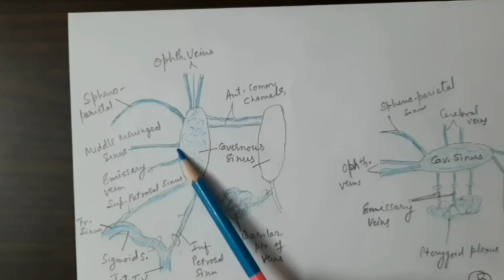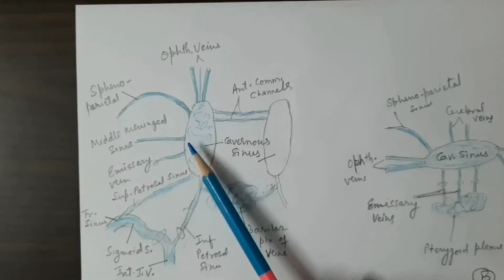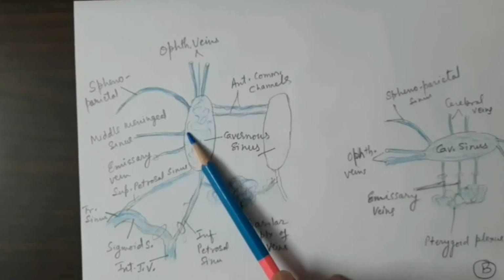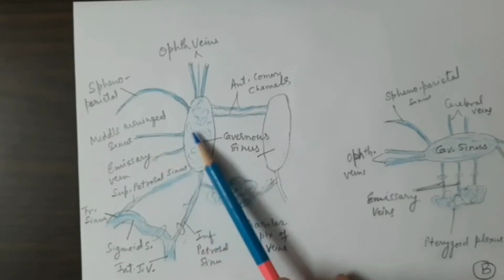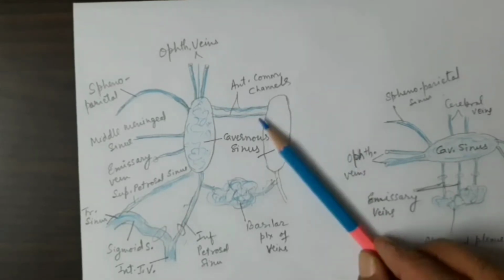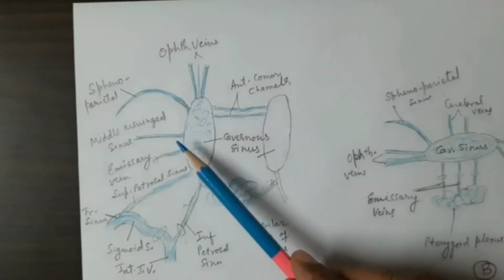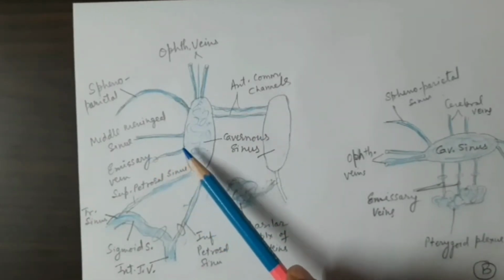So this vein accompanies the middle meningeal artery, about which I took a video. I just made a video yesterday on the middle meningeal artery. This is that middle meningeal vein, which is sometimes called the middle meningeal sinus, not always vein. Sometimes it is called a sinus because it is a wider vein. And from where is this blood coming?